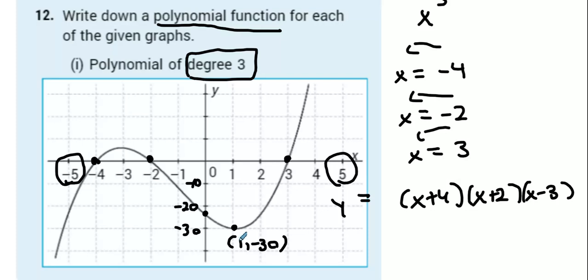You're allowed to do single numbers on the x-axis and do them in tens on the y-axis. So they don't have to be the same. The other way around is allowed. Right, that's a polynomial of degree 3.